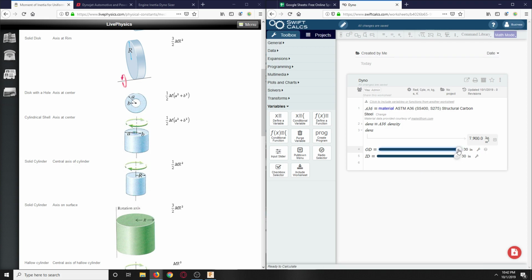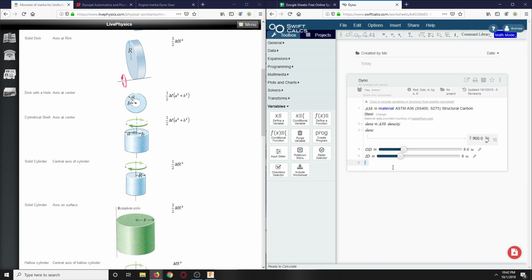So now I could select in here, about 11, and so that's 8.6 OD. There we go. ID is 8 inches.